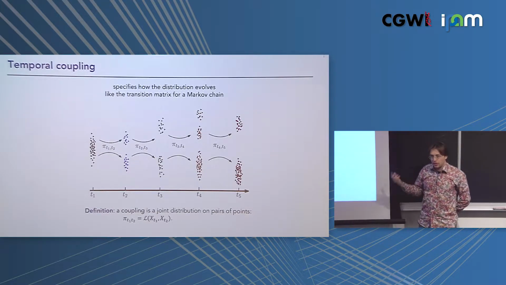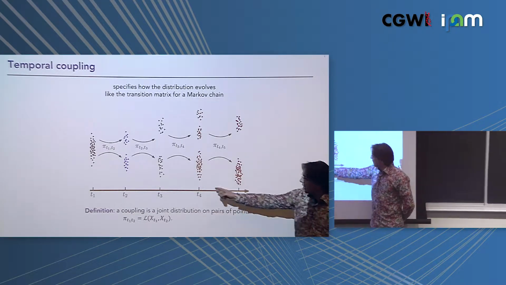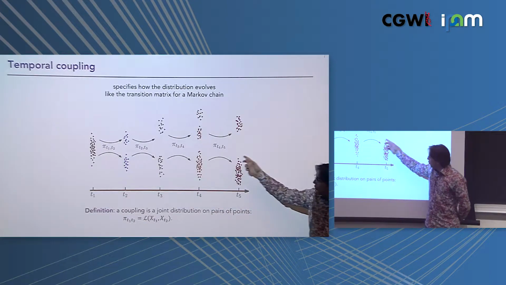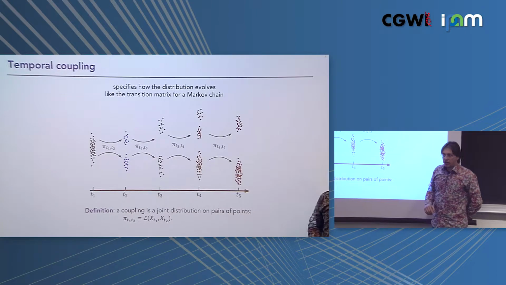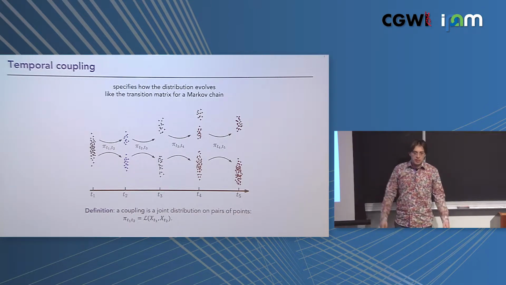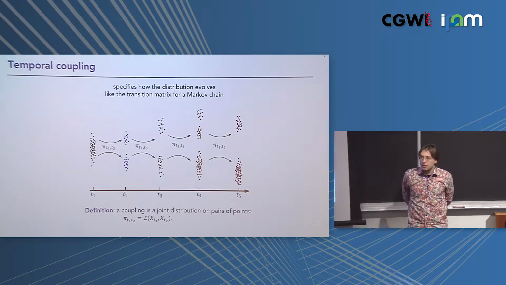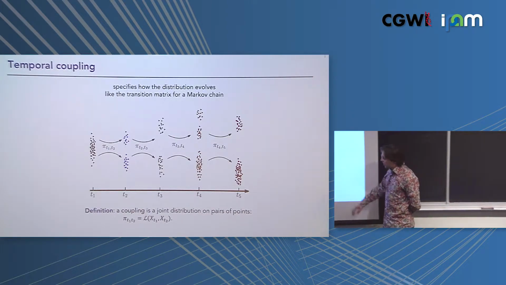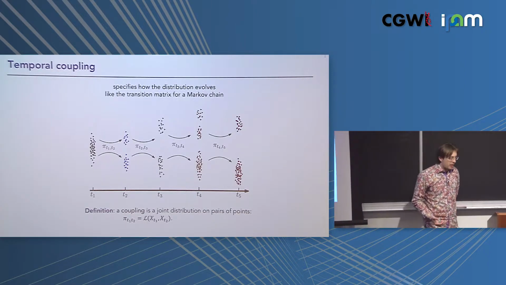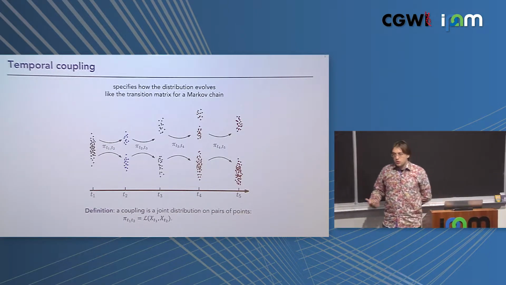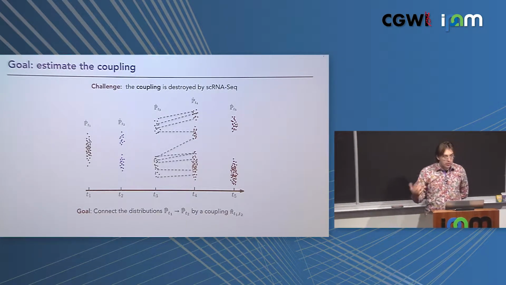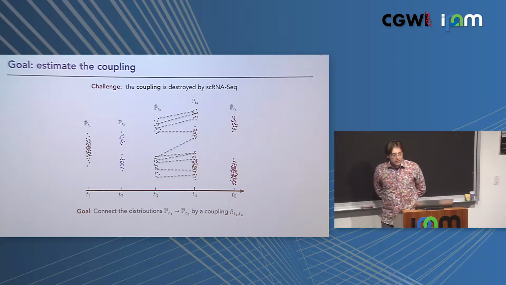If you want to think about the conditional distribution, you might ask, given that you're a cell here at time t4, where would you likely be at time t5? The transition matrix for the process, it's not really a matrix because it's a continuous object, but the temporal coupling, which you can think of like the transition matrix for a finite-dimensional Markov chain, describes these conditional distributions and joint distributions.